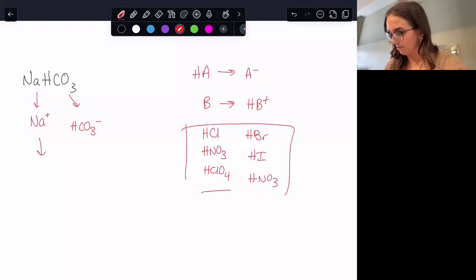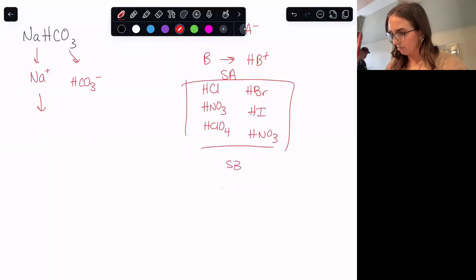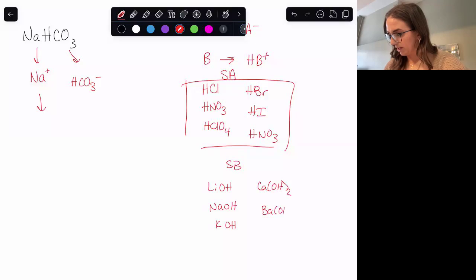So these are our strong acids. Our strong bases are lithium hydroxide, sodium hydroxide, potassium hydroxide, calcium hydroxide, barium hydroxide, and strontium hydroxide.